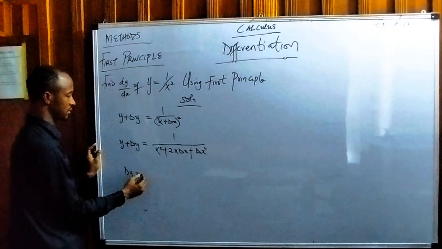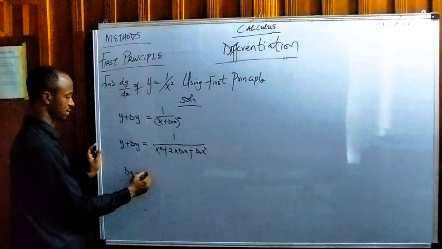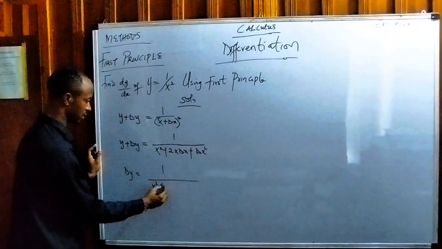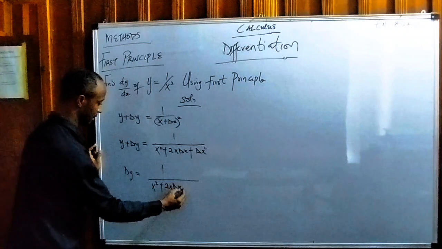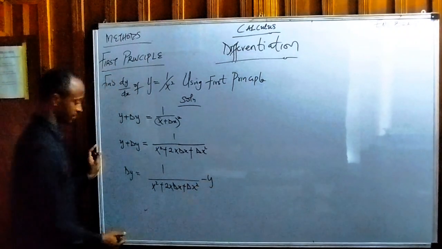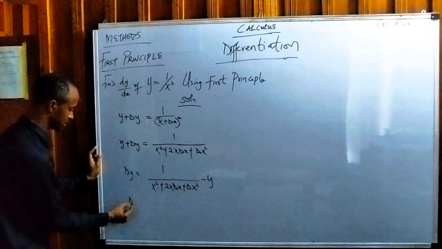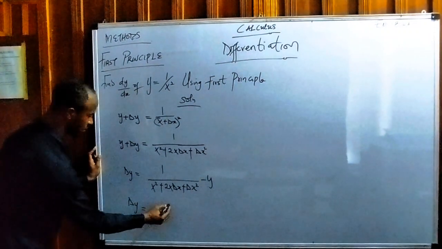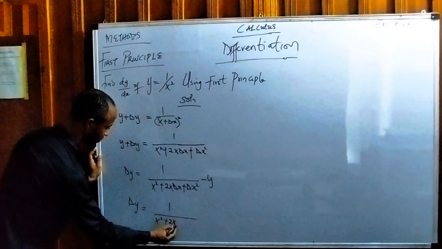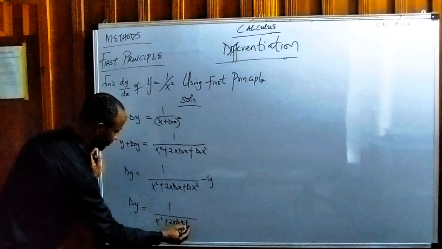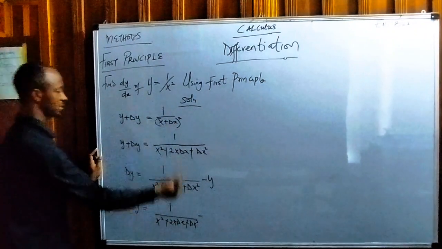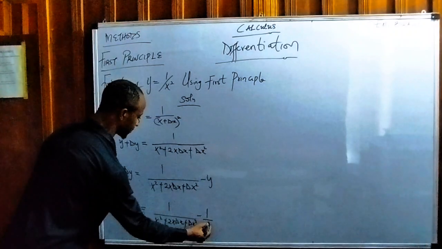Here, delta y equals 1 divided by (s squared plus 2s delta x plus delta s squared) minus y. This is also the same as delta y equals 1 divided by (s squared plus 2s delta x plus delta s squared) minus the value of y, which is 1 over s squared.